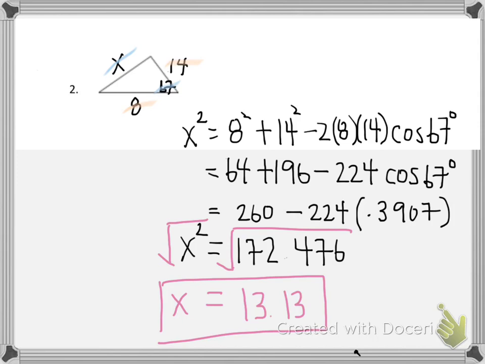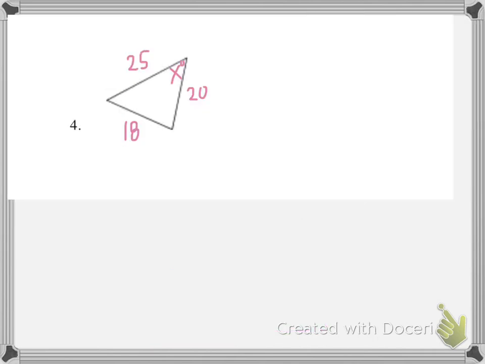Now, what if you were trying to find an angle? Maybe you know all the sides, but you're trying to find the angle. So my variable is going to be in a different spot. This is the angle that I'm trying to find, so I'm going to take the cosine of that angle, and the side that's opposite of it is going to be on the other side of my equal sign.